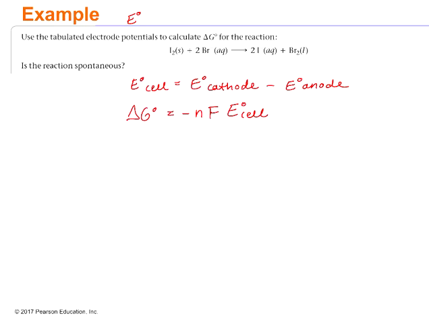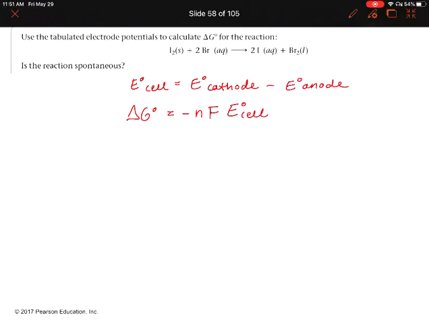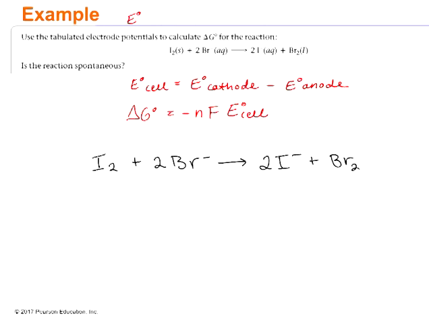Okay, so let's start by figuring out what's reduced and what is oxidized. I'm going to rewrite the equation down below just so it's a little more visible, and I'm also going to leave out the states because they take up a lot of room. Let's assign oxidation numbers.